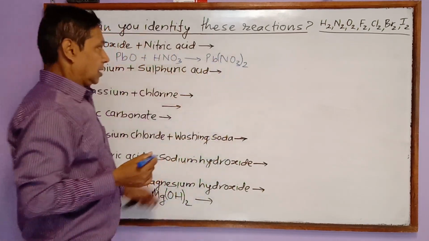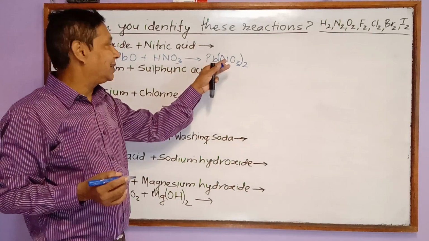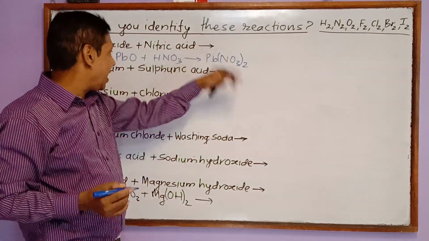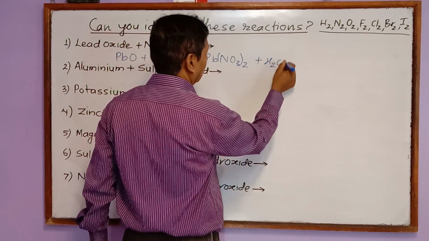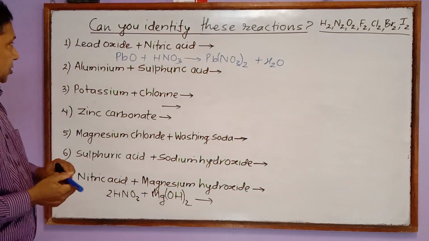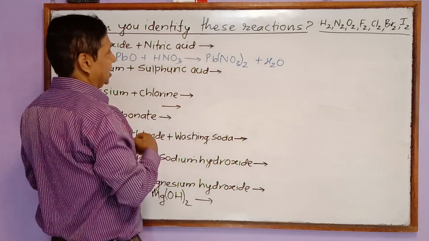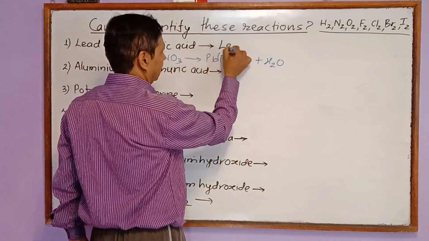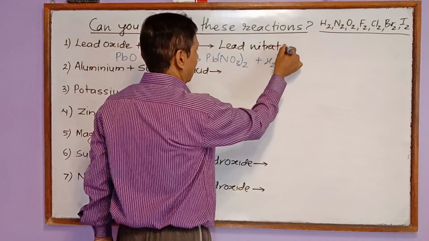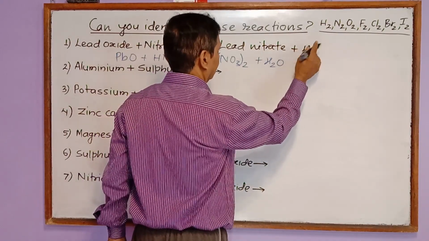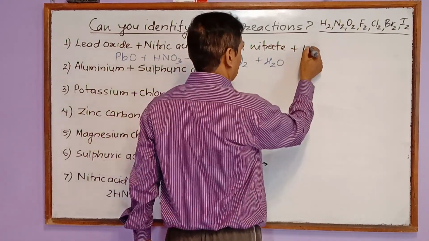When we give valency to a radical, we put that radical in brackets. Another product is water, H2O. Now what are the products? Lead nitrate plus water.